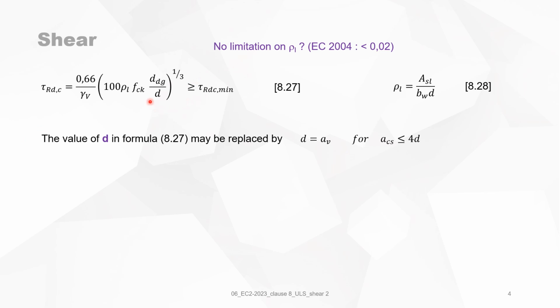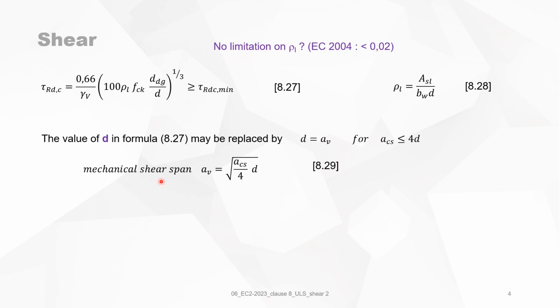The value of d in formula 8.27 may be replaced by the mechanical shear span, a_v, for effective shear spans smaller than 4d. These are 2 new concepts, mechanical shear span and effective shear span.